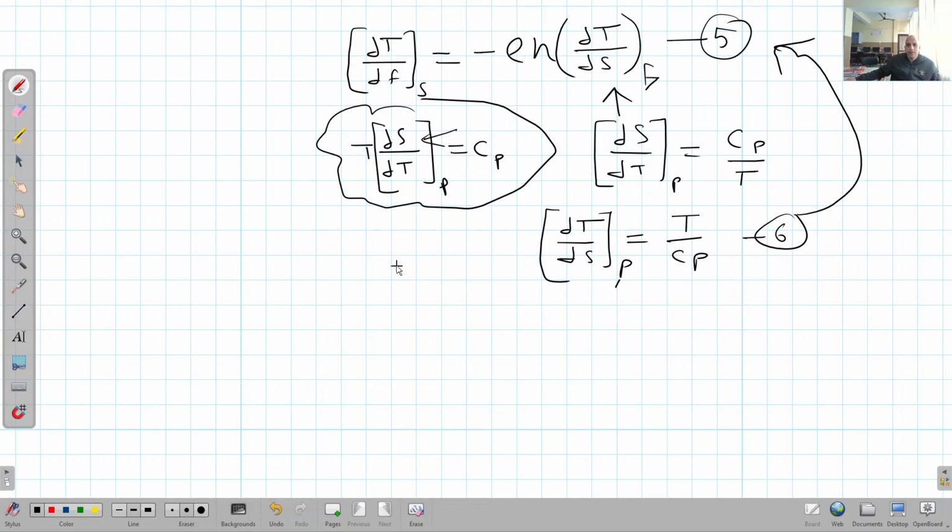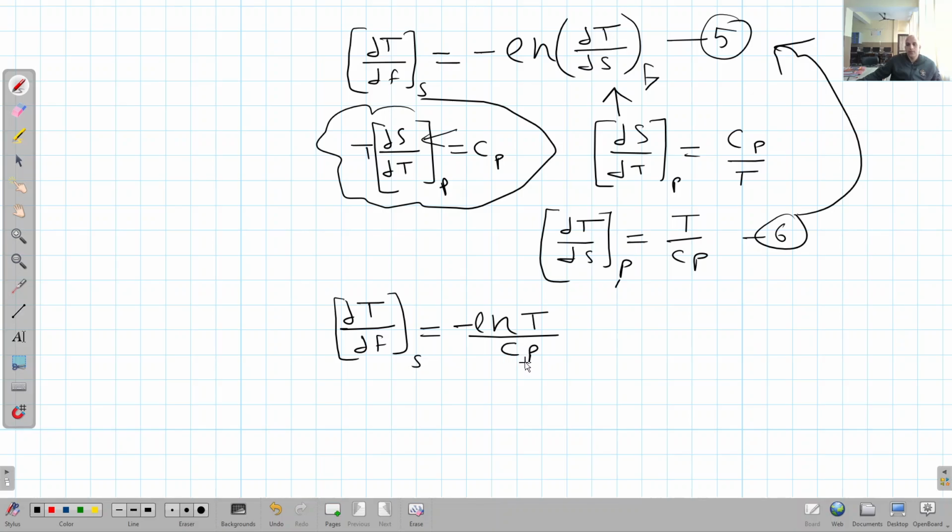So when you put it here, you will get (∂T/∂F)_S is equal to minus L eta into T upon Cp.